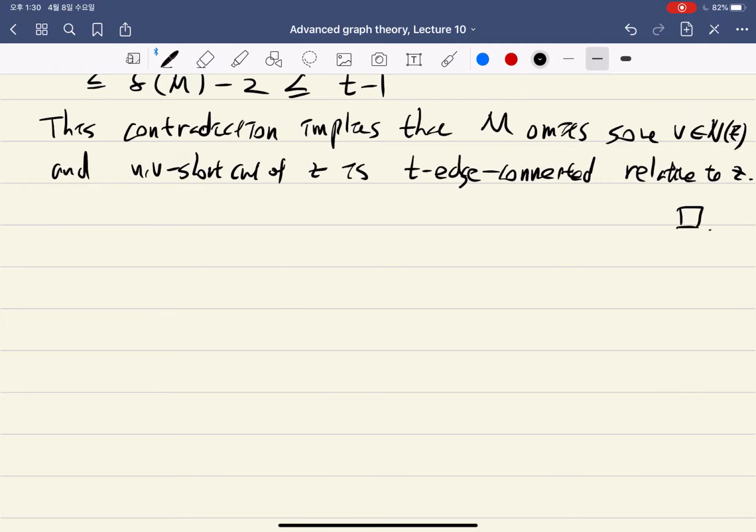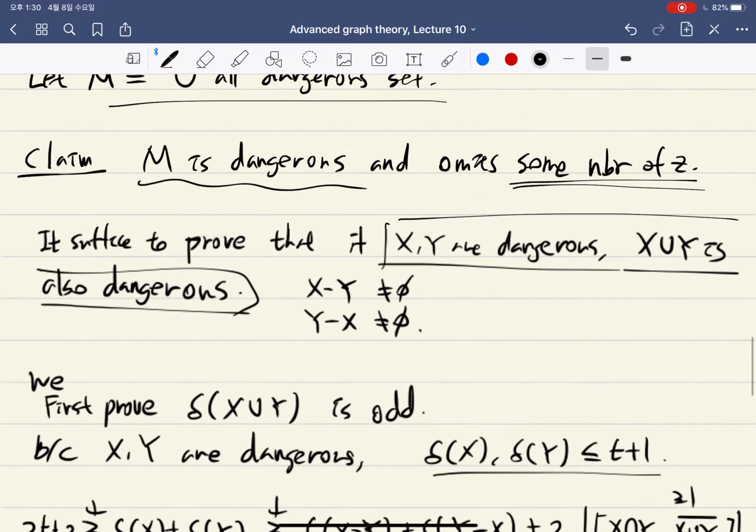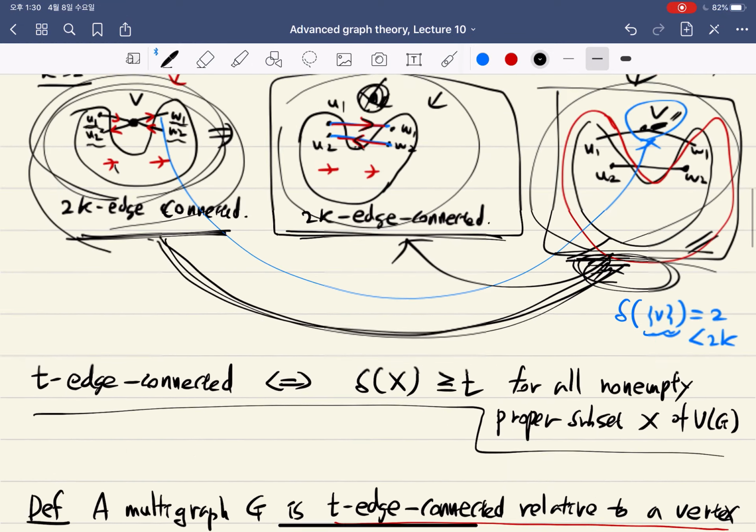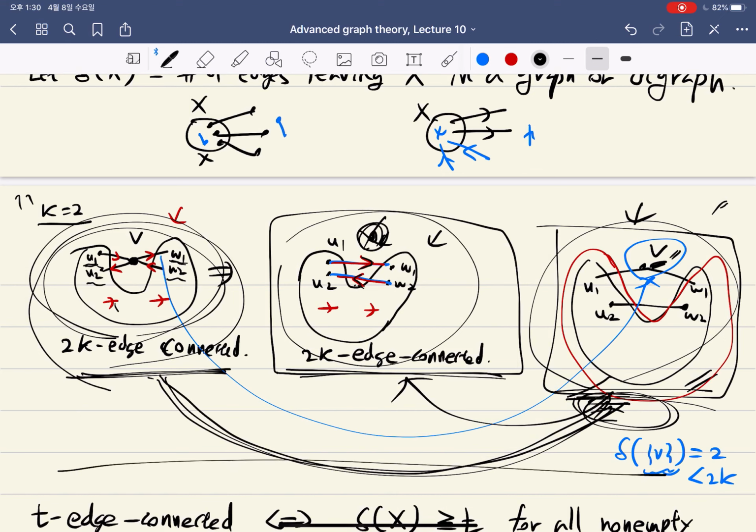So now what we want to do is, as planned before, apply this shortcut operation and then apply induction at the end when this vertex G becomes an isolated vertex. For that, one more thing is necessary: this vertex has to have an even degree.